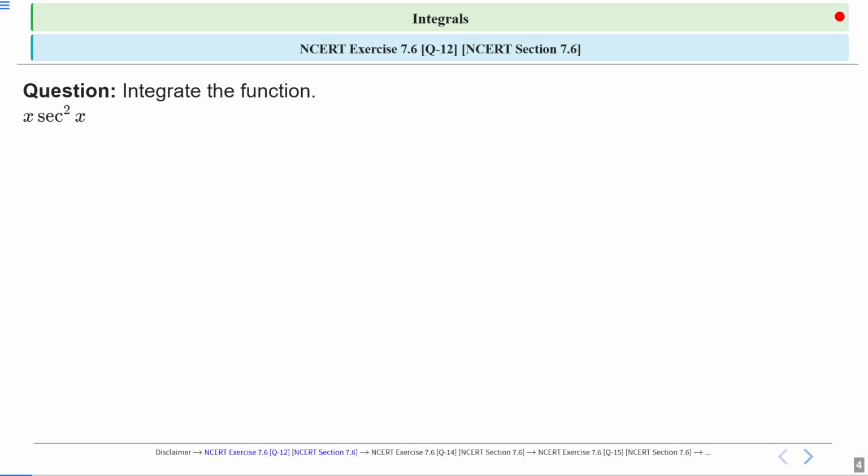So the first question is, we have to integrate the function x sec square x. As in integration by parts, we have to choose the first function and second function by the ELATE rule. So apply the ELATE rule and think which function we have to take as u and which function we have to take as dv.